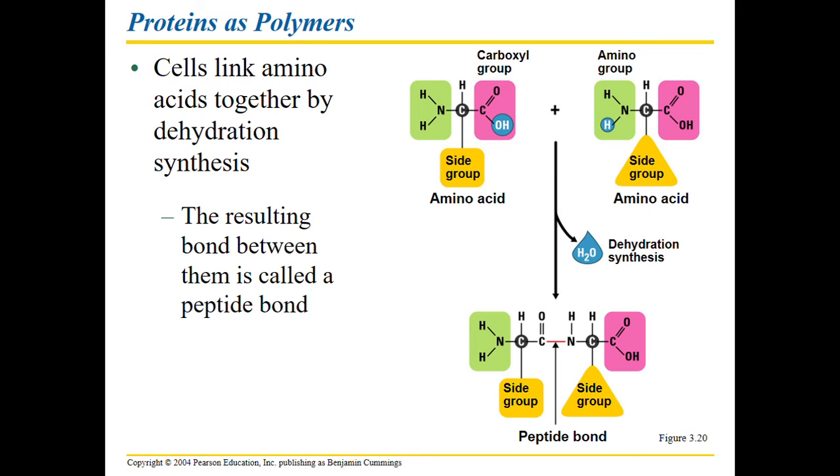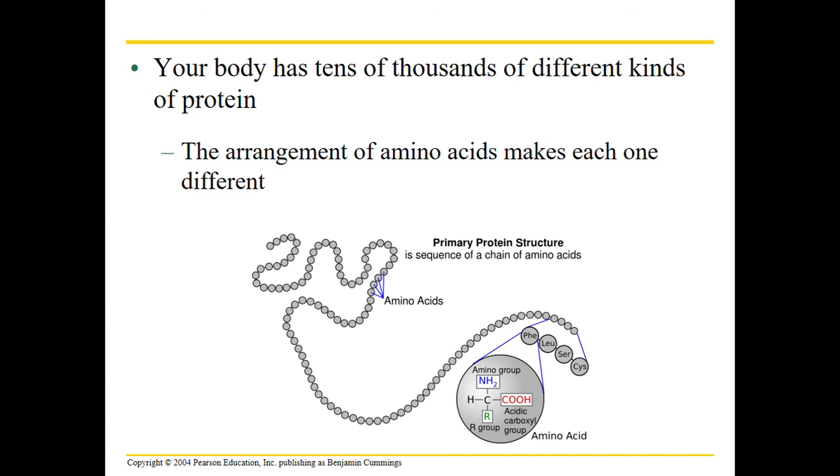We call it a peptide bond. So if you see or hear peptide bond, you will absolutely know that we're talking about a protein. A small protein can be referred to as a polypeptide, which just means it has a bunch of peptide bonds. So you'll hear polypeptides a lot, and you'll again know that we're talking about a protein.